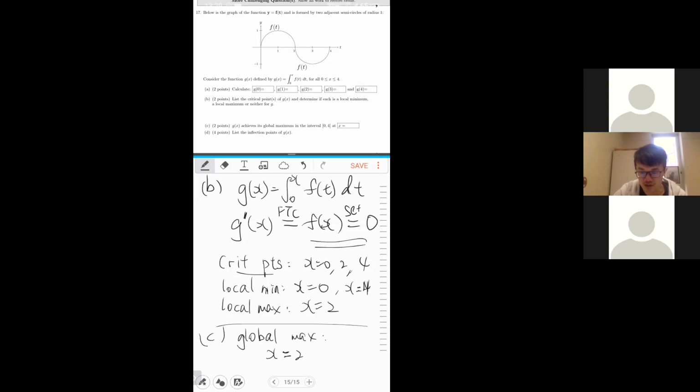So we computed g of 0 is 0, g of 1 was pi over 4, and g of 2 was pi over 2. When you get past 2, the area will decrease because you need to subtract the part of the region that's going to be below x. Make sense? So g of 2 is the global max here.